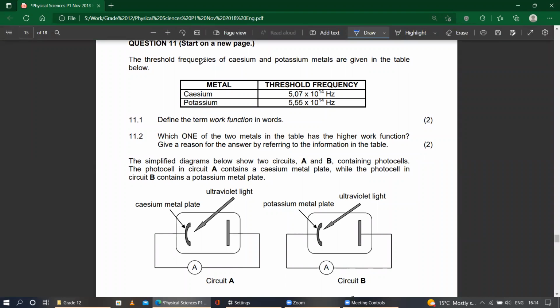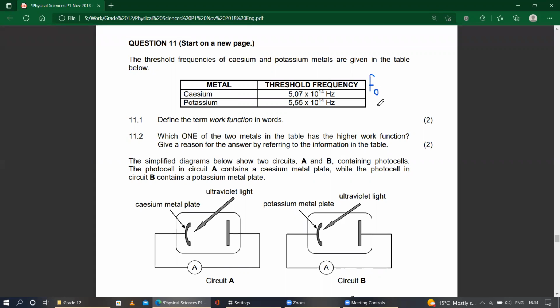So the threshold frequencies of calcium and potassium metals are given in the table below. So your threshold frequency, that's your f0. Any time you hear threshold frequency, you just know that it's the minimum frequency required for an electron to escape or jump out of the atom.